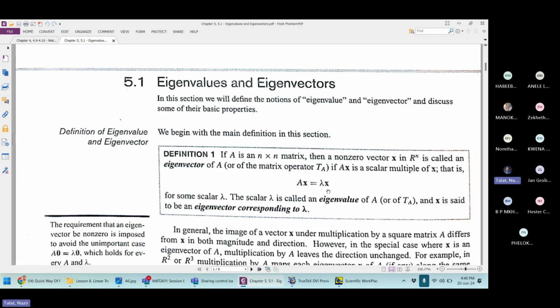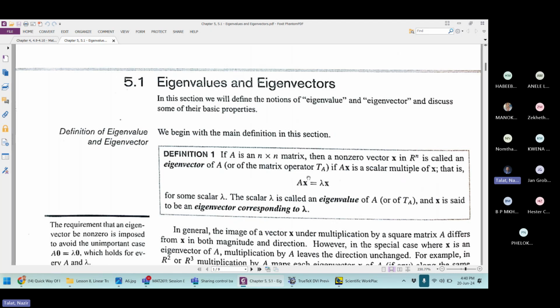A multiplied with x is some kind of transformation, and λ multiplied by x is a constant multiple of some vector x. So λ is playing the same role as A multiplied by x. Matrix multiplication with a vector is a vector, and scalar multiplication with a vector is also a vector.